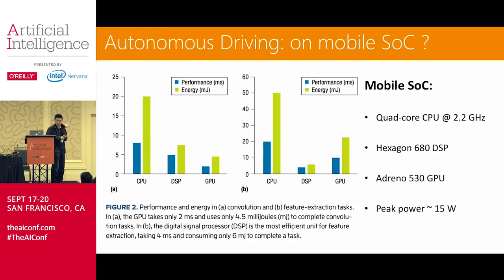We have a 4-core ARM CPU, we have a DSP, and we have a GPU, not much resources. And at its peak, it burns about 15 watts of power. Remember, when we look at the real implementation on a car, it's 3,000 watts. So the next step is to figure out what kind of workload fits what kind of chip for heterogeneous computing.